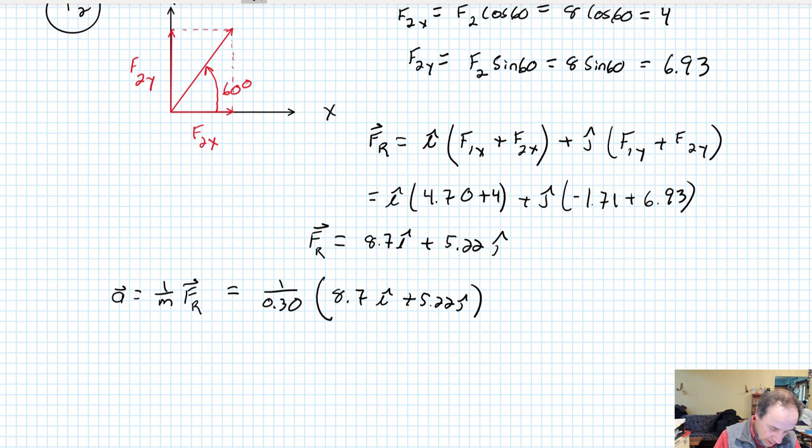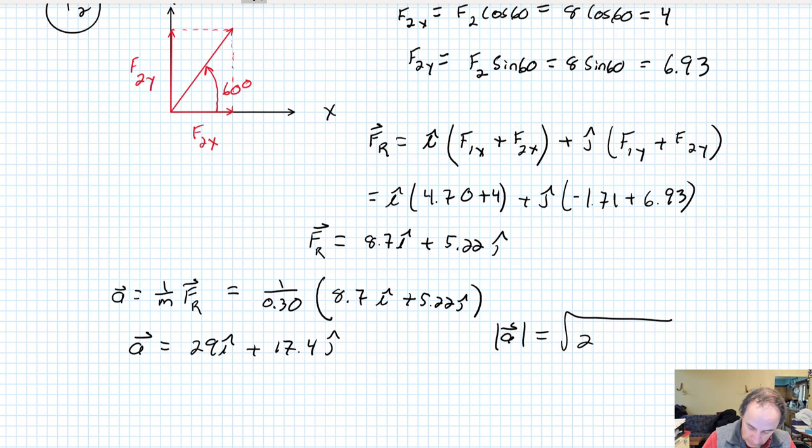So our acceleration ends up being, in vector form, 29 i plus 17.4 j. The magnitude of that, square root of the squares, 29 squared plus 17.4 squared, is 33.8 meters per second squared.